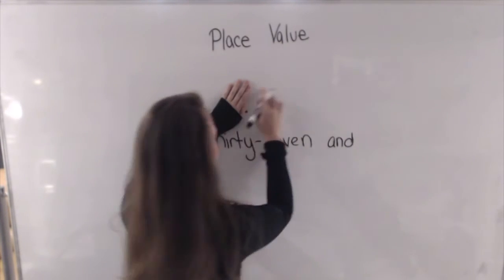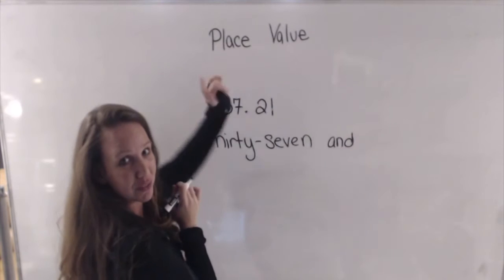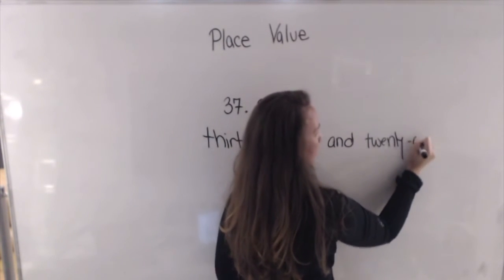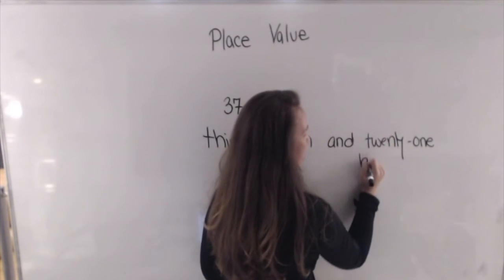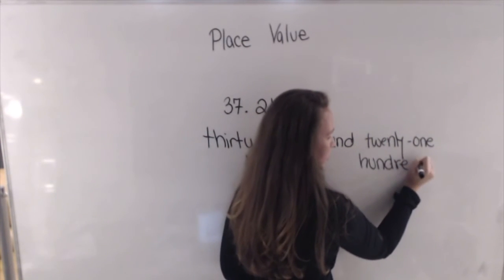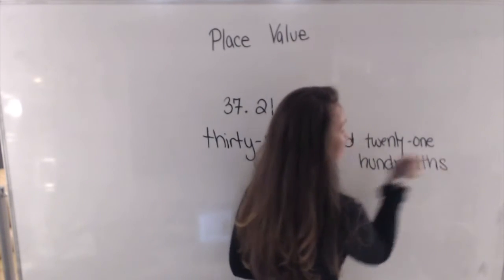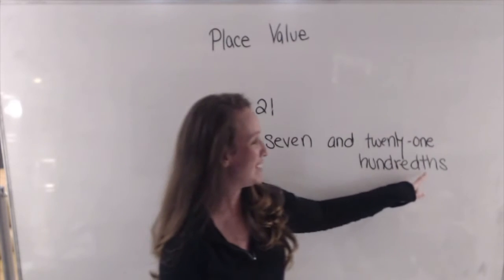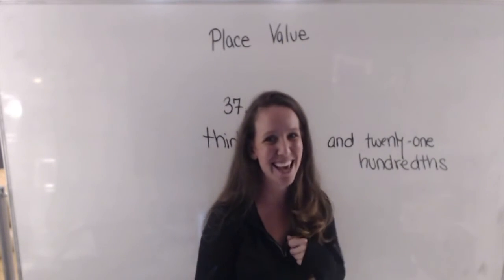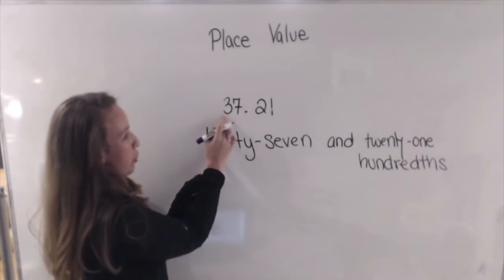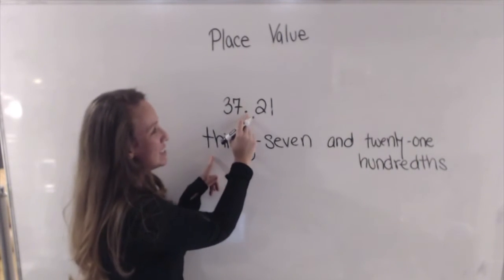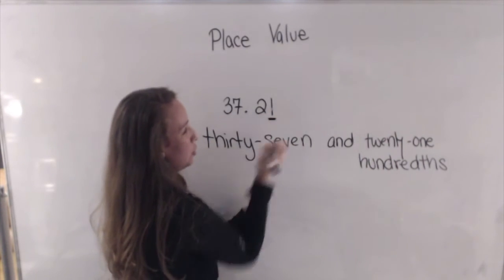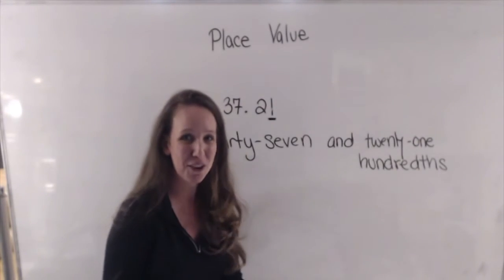So how is this number read? 21 hundredths. Now, if you know how to spell hundred, you know how to spell hundredths, because we're just adding a "ths" to the end. So let's read it together. 37 and 21 hundredths, because that last value is in the hundredths value.